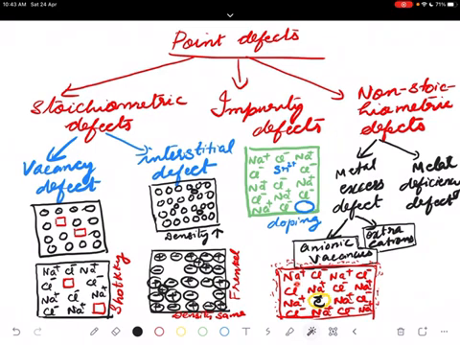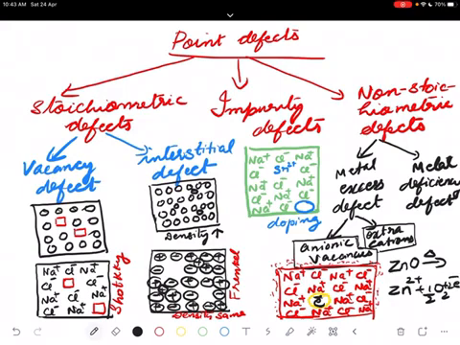Now let's move to extra cations, for example, ZnO. ZnO is white at room temperature, but when it is heated, it changes to Zn2 plus. And what happens? Oxygen gas will be liberated on heating, plus two electrons will be formed.